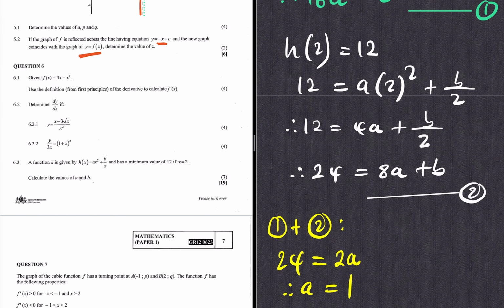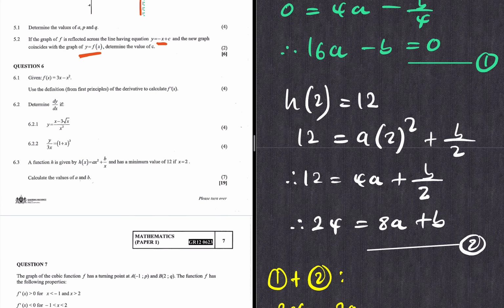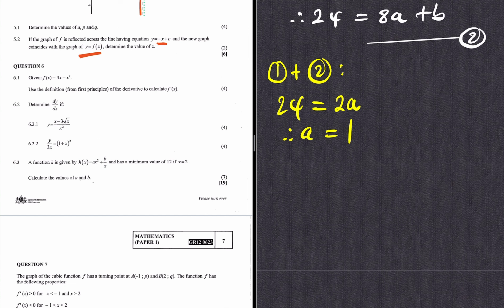Then you can substitute this a to get b in either equation. I'm going to substitute into equation 2 because I can see it right here. Substituting a equals 1 into equation 2, b is going to be 24 minus 8 times 1.